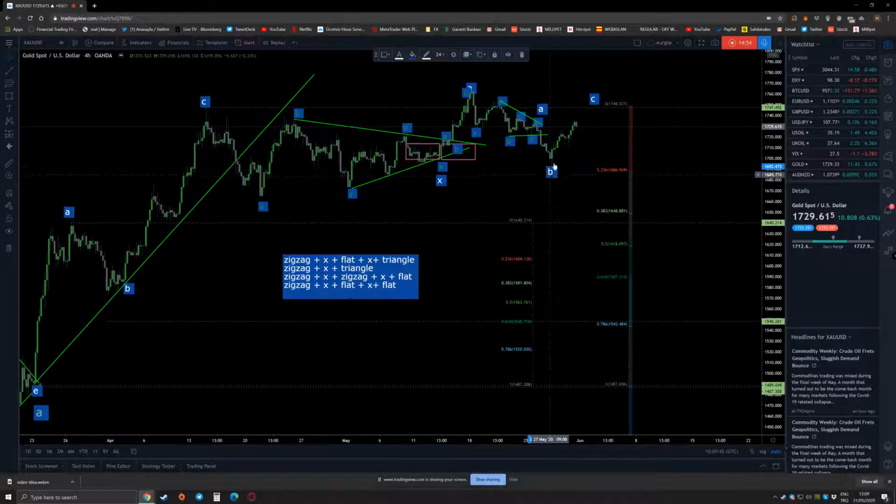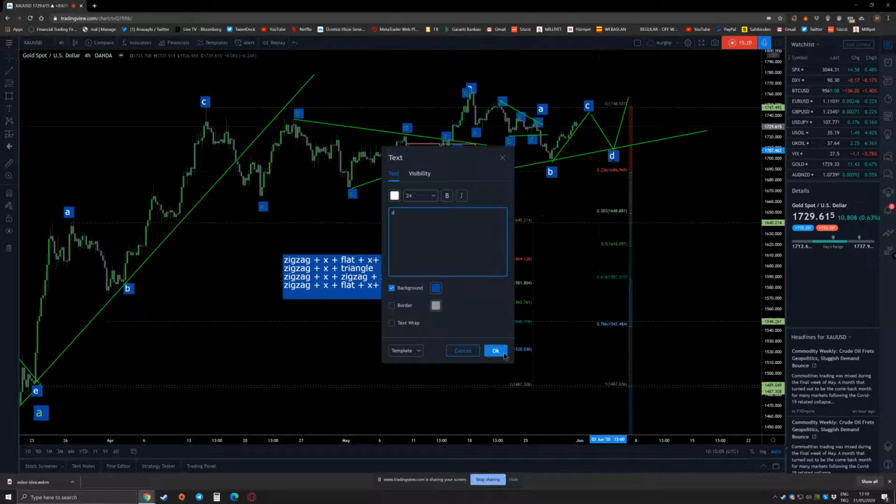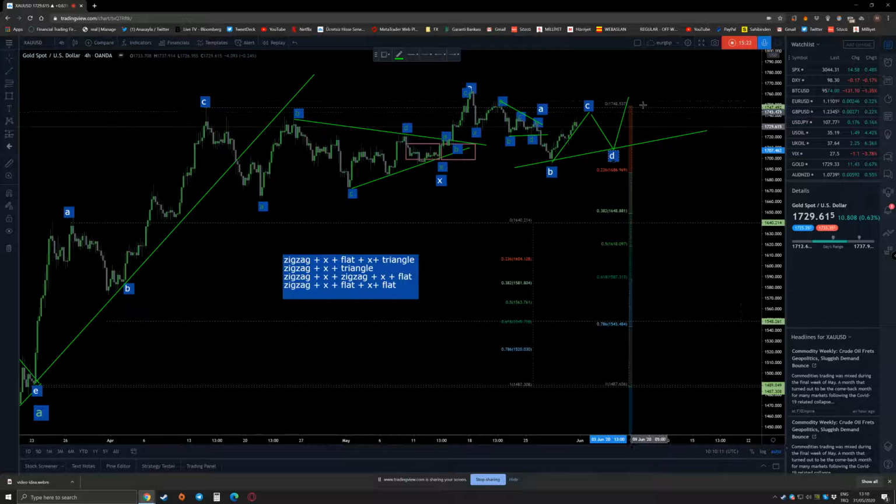Now look, this one can be a triangle that will break lower. So it can continue like this. For example, let's say it can be like this: C, a D, and E. And what will the triangle do? Come back up, down here, and the price will break the B to D trend line.